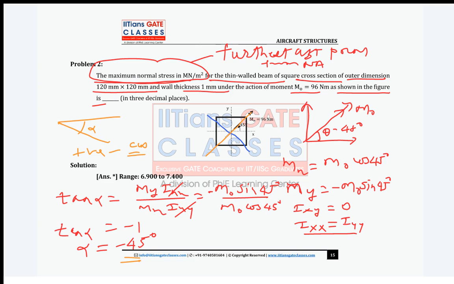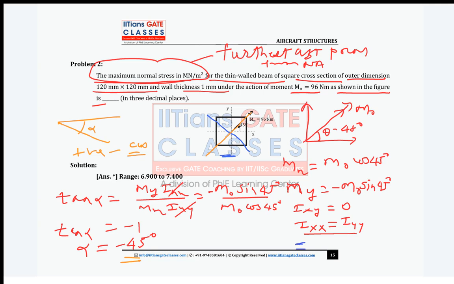So you guys can find area moment of inertia. Simple way can find, or using thin wall also we can find. Simple is what? This is a hollow section, right? So for hollow section, what will be the moment of inertia?